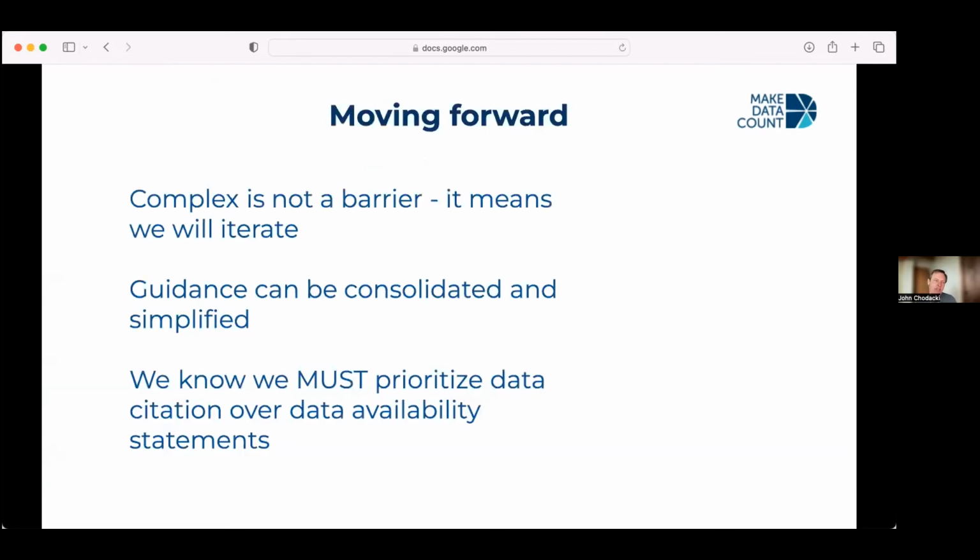And so one of the things that we're looking towards at Make Data Count and in general is how do you do this where you've got these roadblocks that are in place for this research community and the people who support research. Both communities are at the same point where we see a path forward.